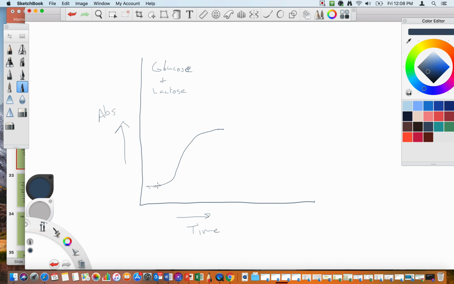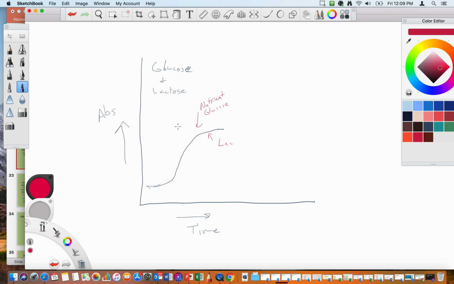what's going to happen is we would get a preliminary bacterial growth curve: lag phase, log phase, beginning of a stationary phase. But what's happening here is the nutrient glucose is depleting. So glucose basically runs out, and this is where we would have the Lac Operon switch on.